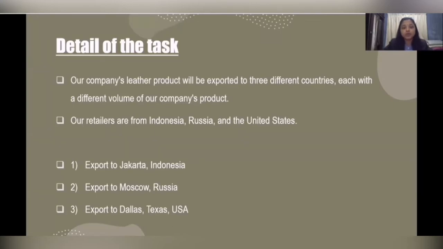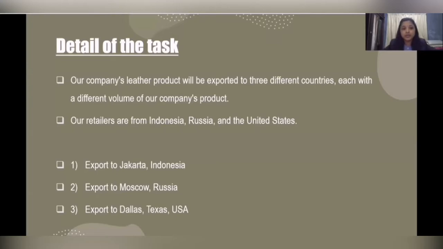To transfer our products from Malaysia to Russia, we will use sea freight shipping. The products will be delivered from our warehouse at Shah Alam to Port Klang by CJ Logistics, and handed off to DHL Logistics. Our freight partner DHL Logistics will ship the goods to the nearest port in Russia. When the goods arrive at the Russian port, DHL Logistics will transport the goods to our retailer's location in Moscow, Russia, using their truck.